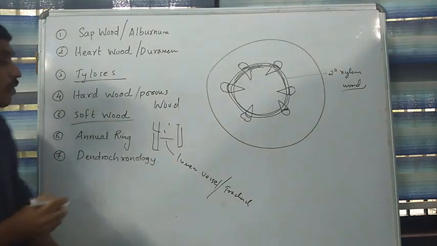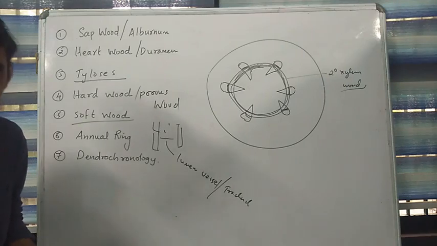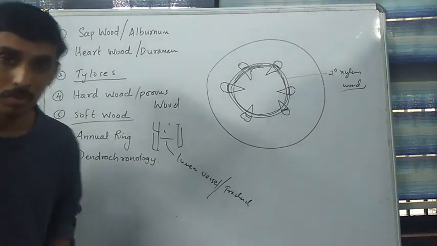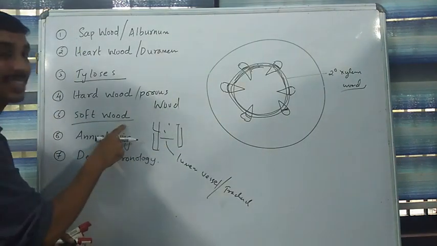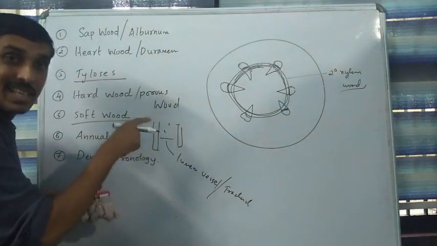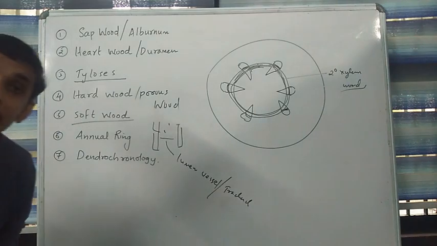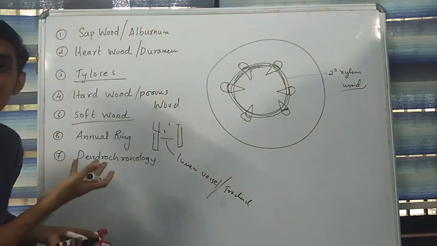And when we take softwood, it lacks xylem fibers. So we can't say that it is a hardwood because it lacks xylem fibers. And it also lacks xylem vessels. So when we take the cross section, we cannot see the minute pores of xylem vessels because xylem vessels are completely absent.